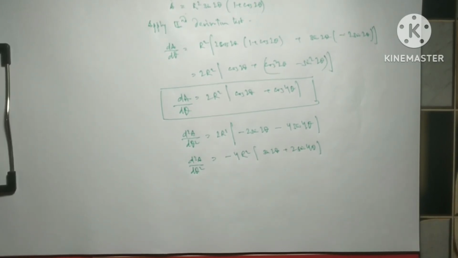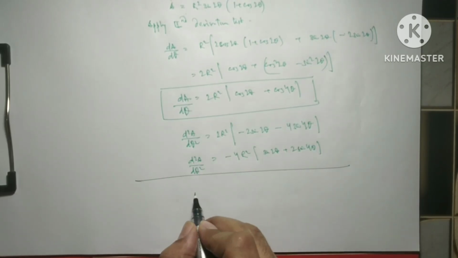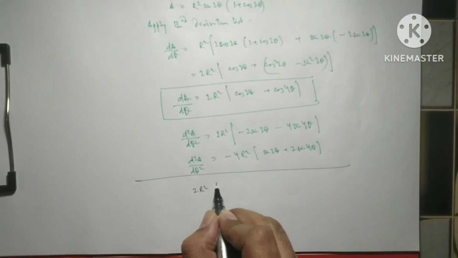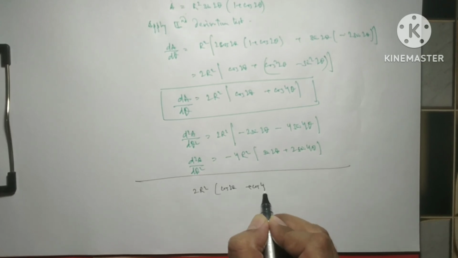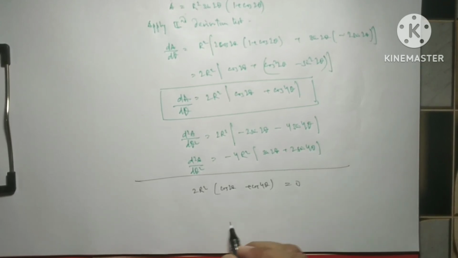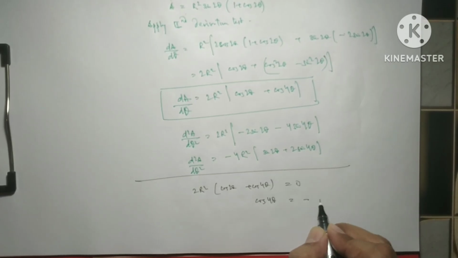Now we put the first derivative as 0. So it is 2R² (cos 2θ + cos 4θ) equals 0. It shows cos 4θ is minus cos 2θ.